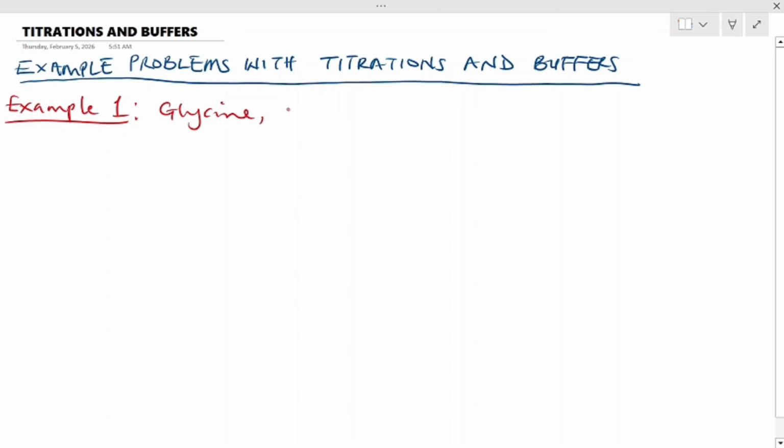We have glycine, an amino acid. Let me quickly give you the structure of glycine here. You have the amino moiety right here, then you have C, double bond O, OH.